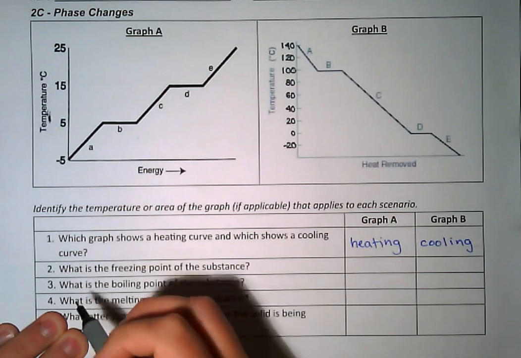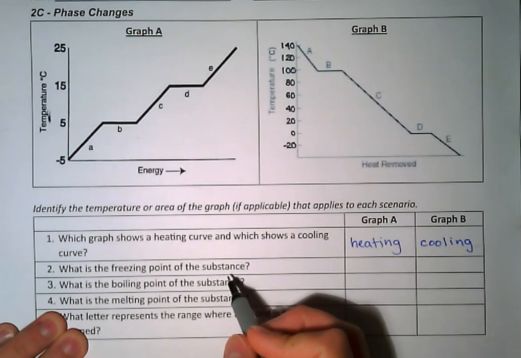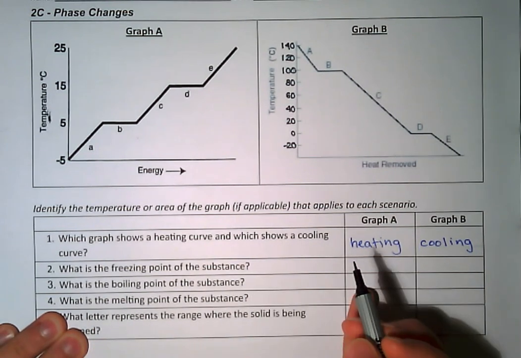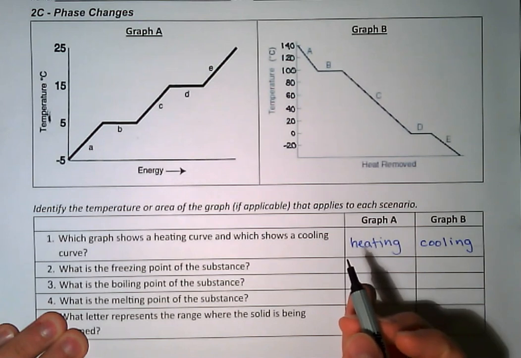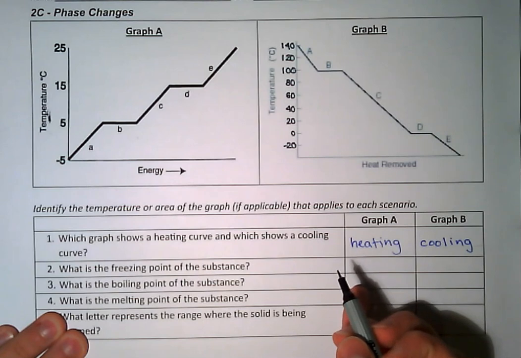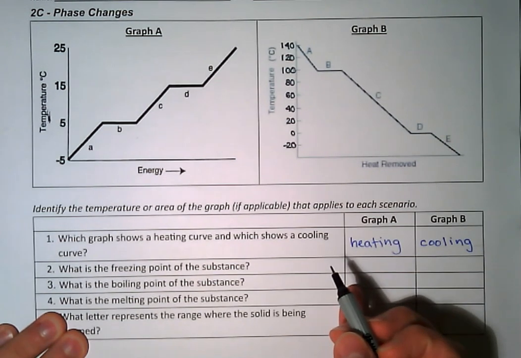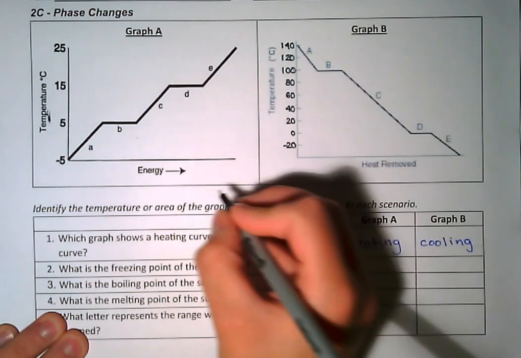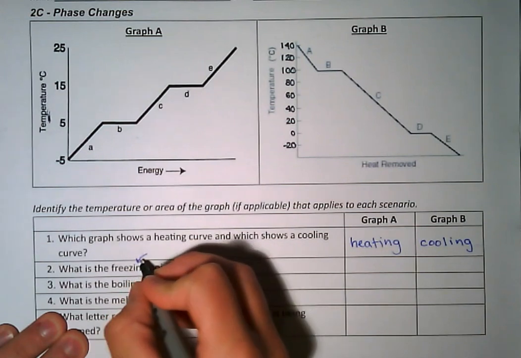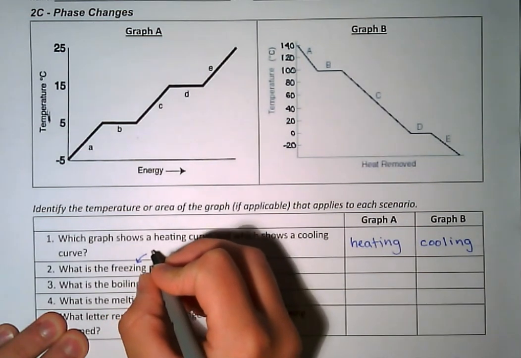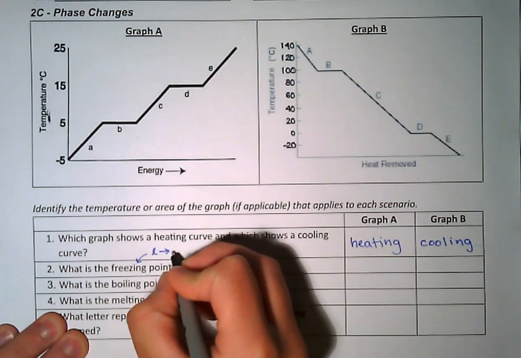Up next it says, what is the freezing point of the substance? There's only one of the graphs where a substance is freezing, but we can identify the freezing point on both graphs. Freezing, just to recap, is when a substance goes from liquid to solid.